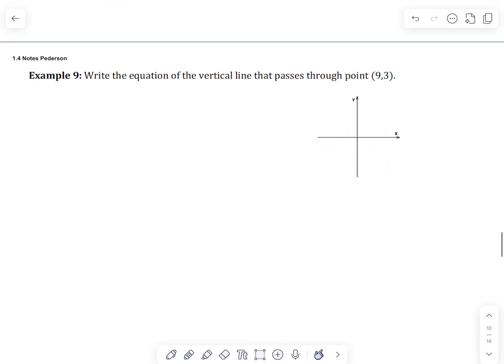All right, example 9, write an equation of a vertical line that passes through the point 9, 3. So we're going to go right 9 and up 3. There's the point, and we want a vertical line. So we're going to go vertical.